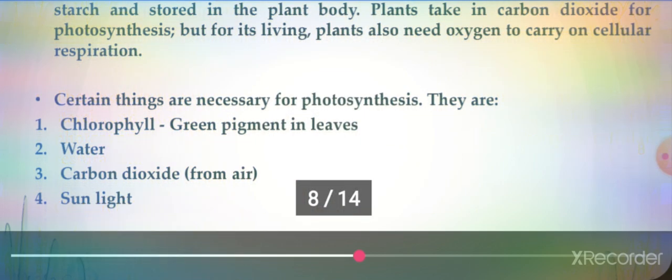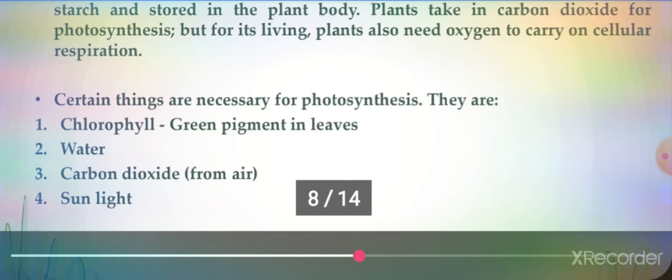And what are the things that are necessary for photosynthesis? Very important, chlorophyll. That is the green pigment, and it captures the photons. Photons are energy packets found in the sun's light energy.